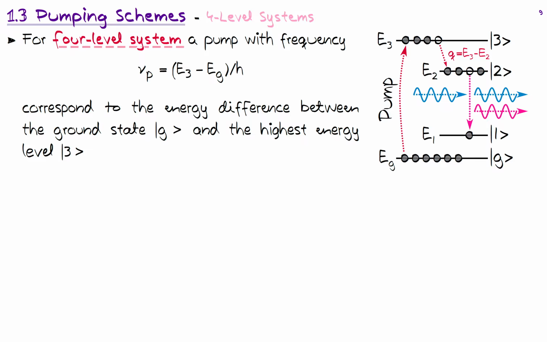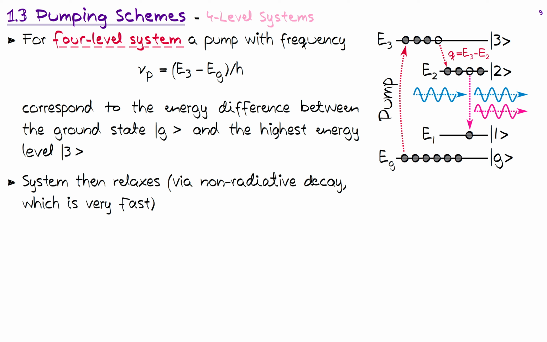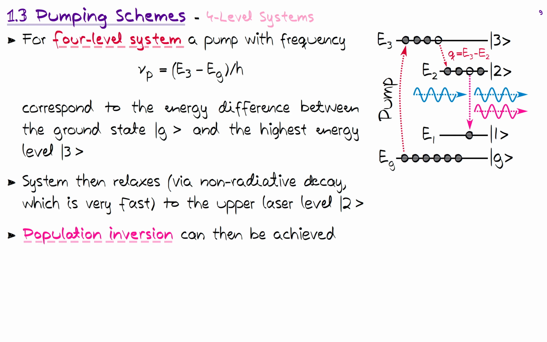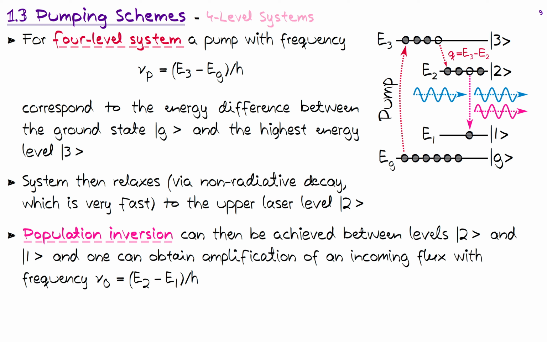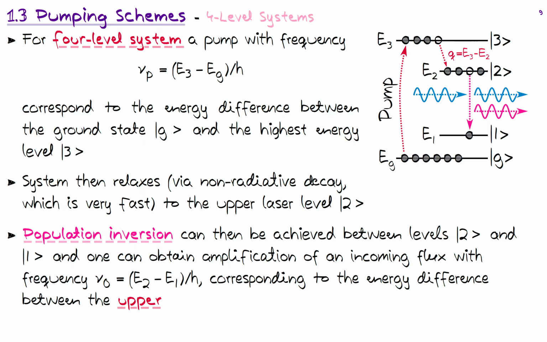So now what happens is that we have the system relaxing from the state 3, again via non-radiative decay, and this is of course usually very fast, to the upper laser level denoted with the ket 2. And now population inversion can be achieved between the levels 2 and 1, and we can obtain amplification of incoming flux of light at a frequency nu equals (E2 minus E1) divided by Planck constant, corresponding to the energy difference between the upper and the lower laser level.